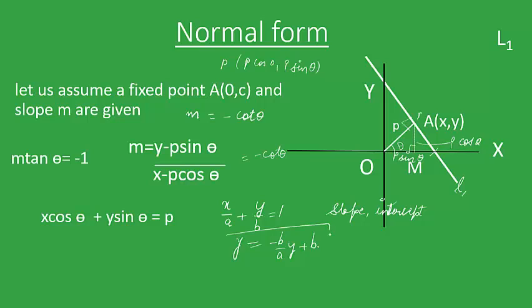Therefore, as you can see, we have converted from the intercept form to the slope intercept form by simple rearrangement of the terms. Okay, sorry, I messed up here. This will be x. So we can easily obtain this particular expression, in which b will be the y-intercept, and minus b by a will be the slope of this line.